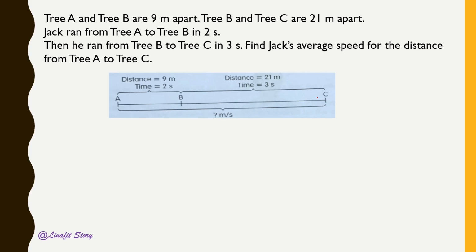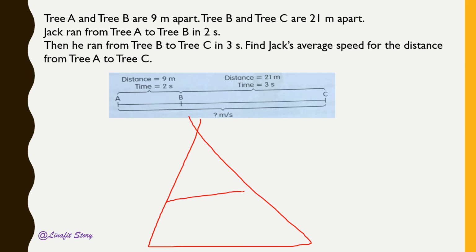Well, actually, it is not possible for an object to move at the same speed all the time. So we use average speed to describe how fast it is moving. So to get the average speed is total distance traveled divided by the total time taken. Total distance from 3A to 3C, 9 plus 21 equals to 30 meters.